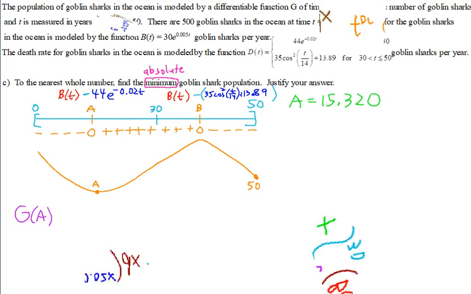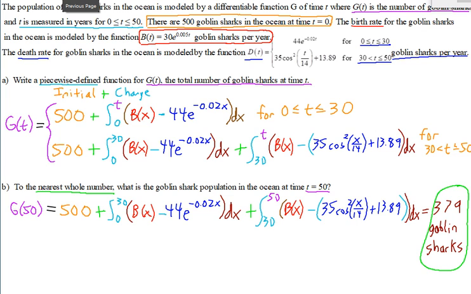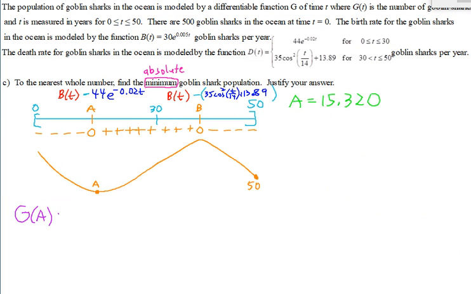If you go back to part A, that's between 0 and 30, so we would use this top piece. The initial is 500 plus the integral from 0 to a, which is stored in our calculator.